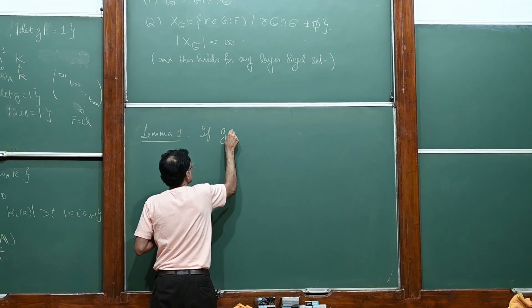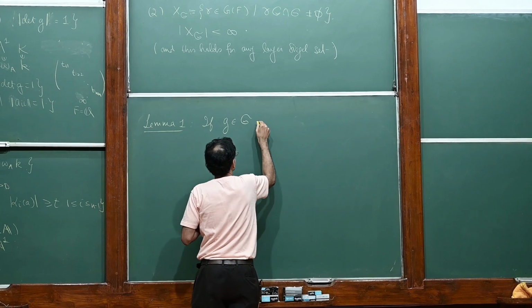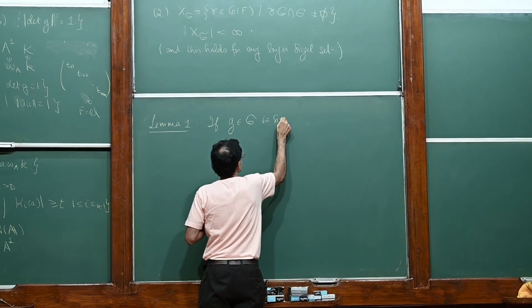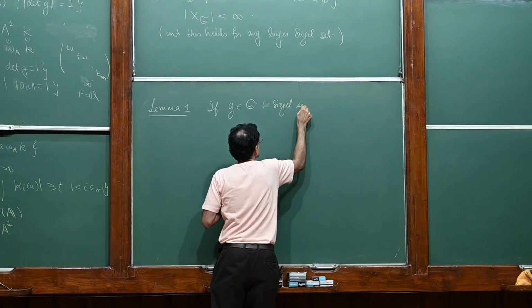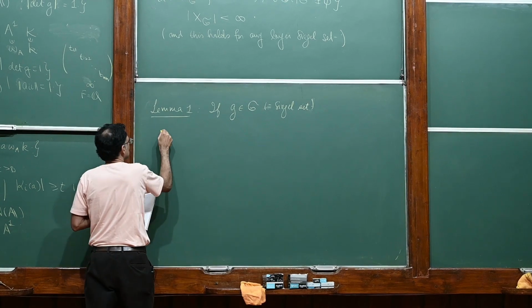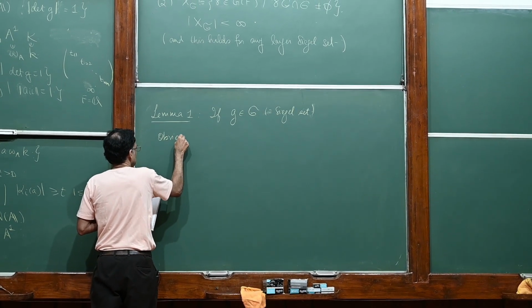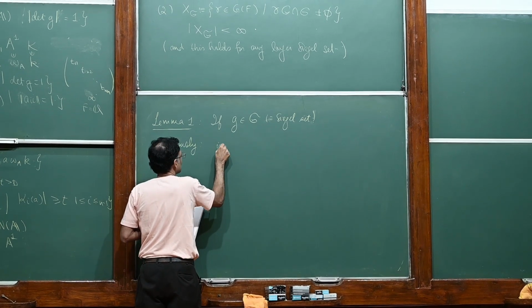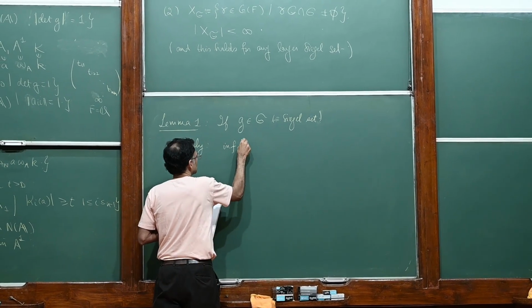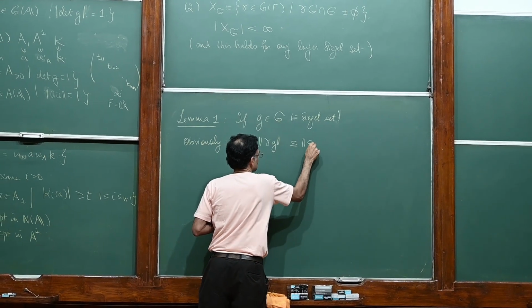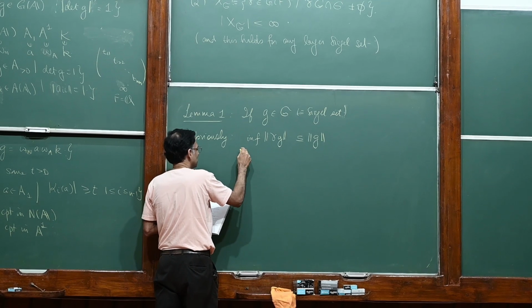So if g is in a Siegel set, right? So obviously the norm of gamma g is going to be less than that of g.